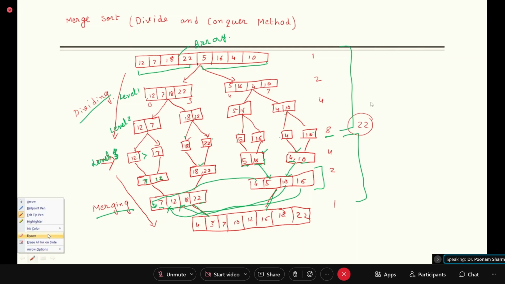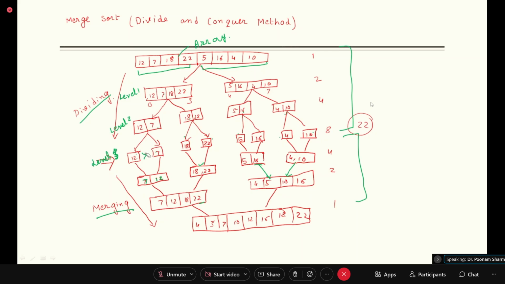What does this mean? So basically, what we are saying here is it is not compulsory while merging that all the values are in sorted order so you can directly place. Think from the programming point of view. If you are having two values, then you have to check whether they are in order or not. Then only you can store them at the proper place. Otherwise, you won't be able to store them at the proper place.